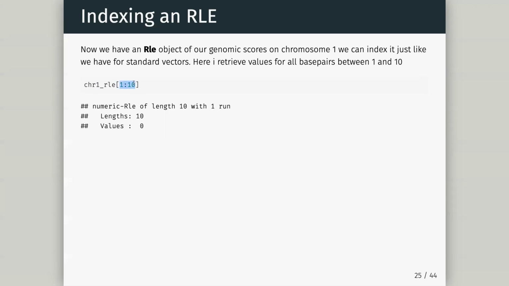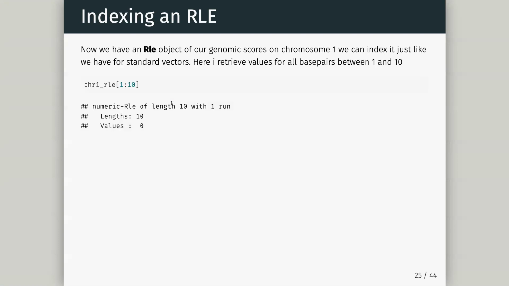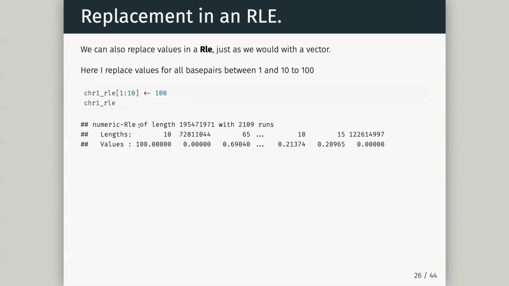It's not going to return me back a vector, but under the hood, it's going to do that little bit of indexing and then return me back again a numeric RLE, but this time just of length 10, what I've indexed it down to. So I've imported it here, I can subset down to the chromosome, and then I can do standard indexing to retrieve that region.